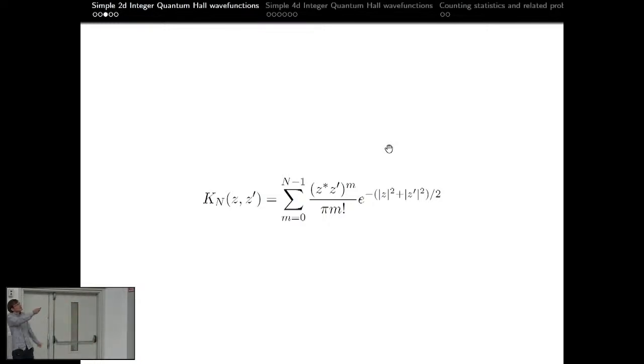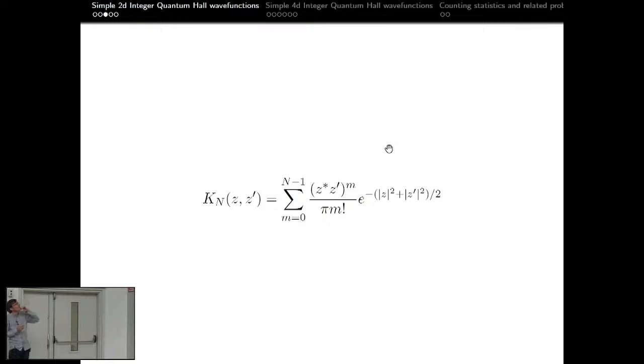One nice thing about it is that it's so explicit that you can do a lot of exact computations in some limits. It has been studied, I would even say, to death, and a lot of results are known both in physics and in math.